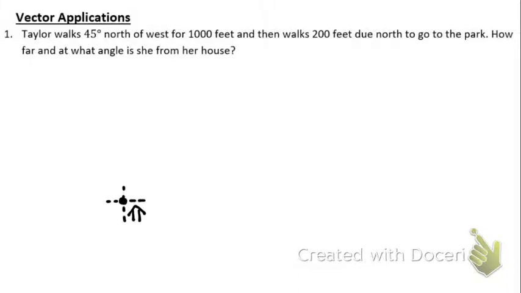That's a weird way to say what? Northwest. So she takes off in this direction right here. Not a very straight line, but it'll work. How far did she go? 1,000 feet.